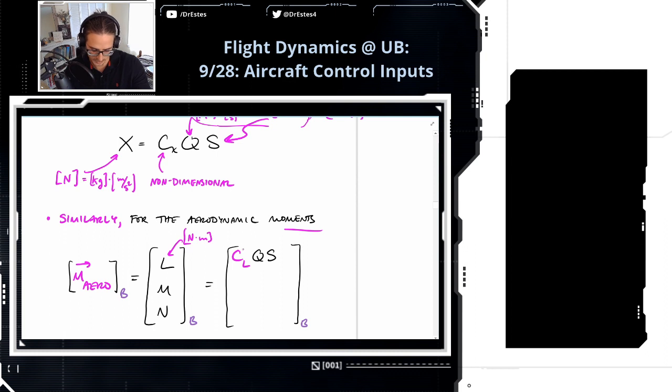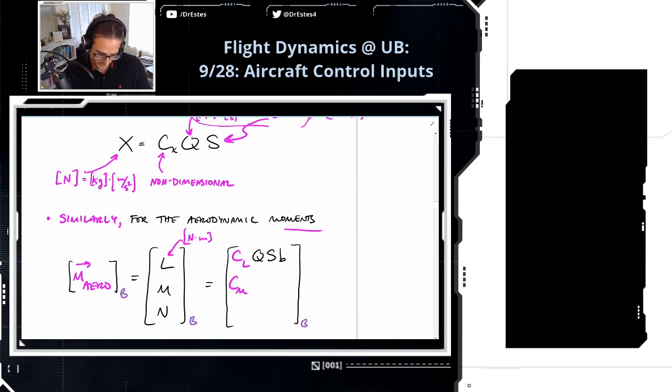So I know this CL is dimensionless. If I just multiply this by Q and S, the units won't work out again. I would need an extra meter term. And that's exactly what we do. We have this B term, and I'll tell you what that is. It's the wingspan, but we'll show that below.